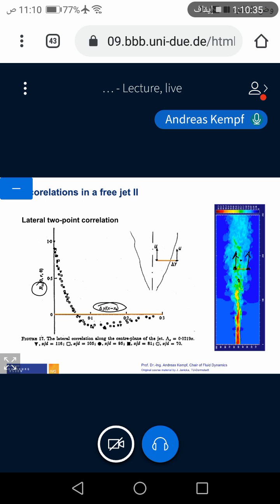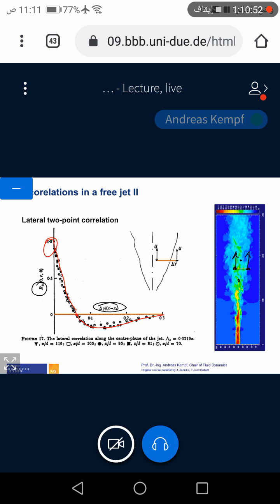The interesting thing is, now we observe a similar thing. We see that for no spacing, the correlation will be 1, but if we get to a certain spacing, the correlation will be 0, and the correlation will actually be negative.